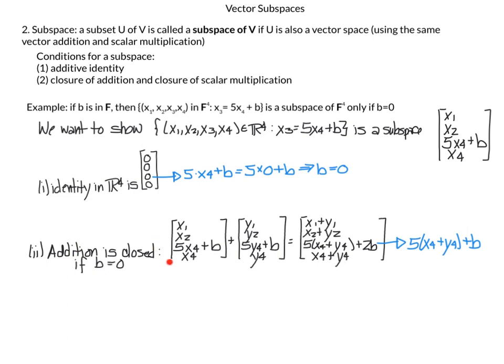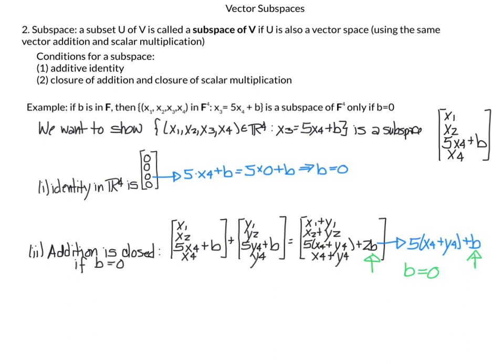For addition to be closed, this x3 coordinate must be equal to 5 times my x4 plus b. In this case, x4 is x4 plus y4. But what we have is 5 times x4 plus y4, plus 2b, so the only way this 2b is equal to this b is if b equals 0.